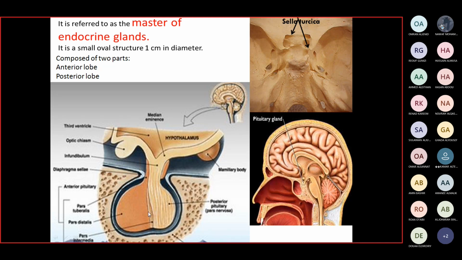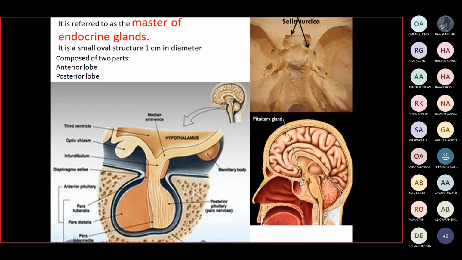It is called the master gland. The pituitary gland is composed of two lobes, anterior lobe and posterior lobe, connected to the optic chiasm by the infundibulum stalk. This is the anatomy of the pituitary gland, the location within the sella turcica.